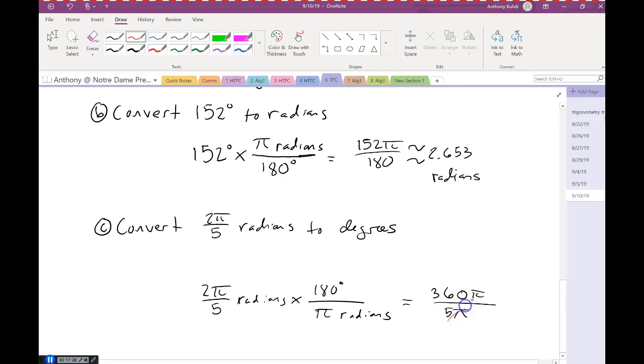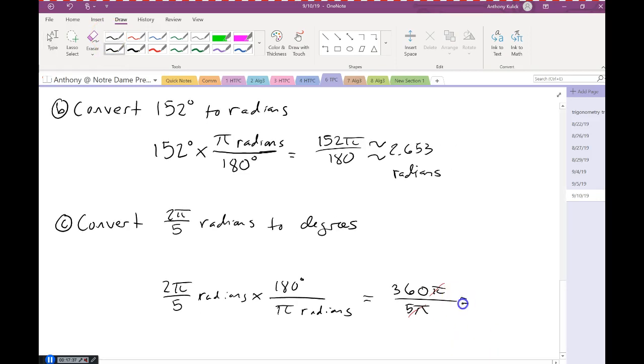I notice that I have a pi on the numerator and a pi in the denominator, so those can cancel out. And then 360 divided by 5 is a whole number. That reduces to 72 degrees. Again, if you don't believe me, you can check on your calculator that 360 divided by 5 is 72. I promise you it is. Everybody okay with that?